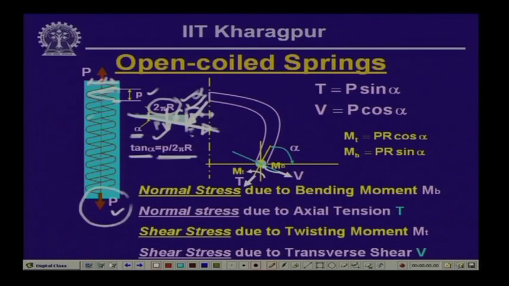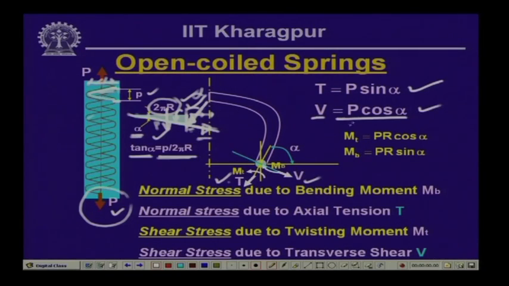The component p sin alpha along the axis of the wire gives us a tensile pull, and the force normal to this cross section, p cos alpha, gives us a shearing force V. So, the force P contributes to two actions: one is the tensile pull T, given by p sin alpha, and the other is the shearing force acting perpendicular to it, V, which is p cos alpha.